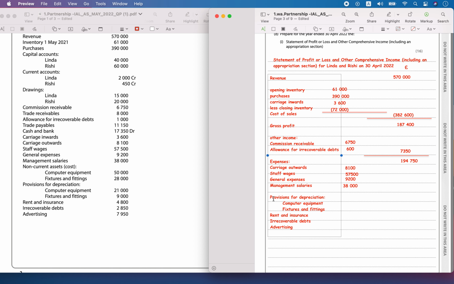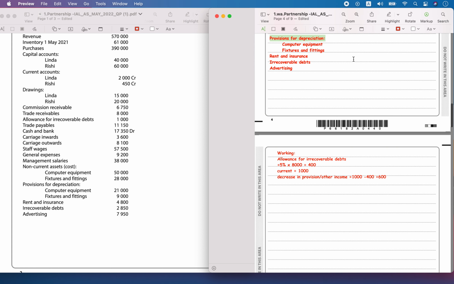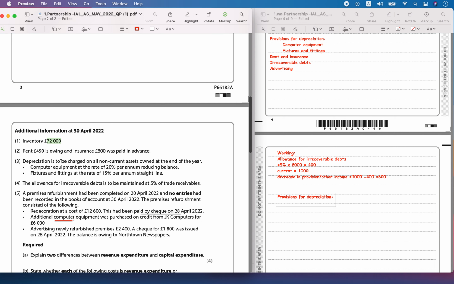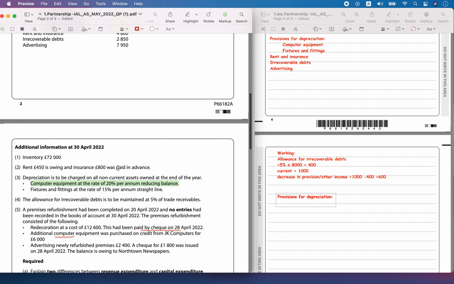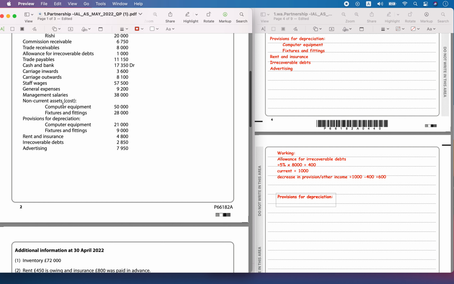Then we have to calculate provision for depreciation, so we have to do the working. The data given is that depreciation is to be charged on all non-current assets owned at the end of the year. Computer equipment is at the rate of 20% by reducing balance method, but there was an additional computer also purchased. So reducing balance method, 20% per annum.